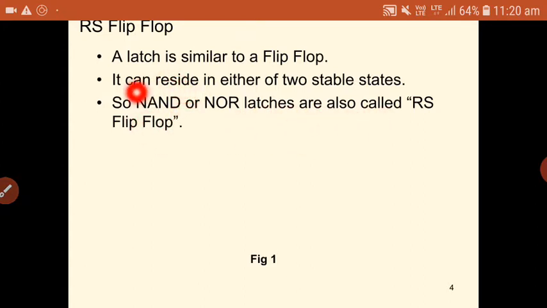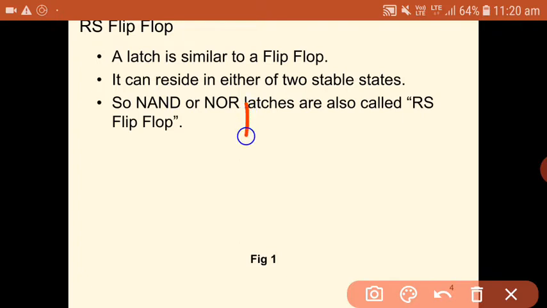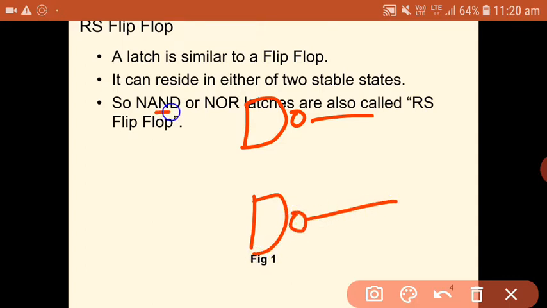Whatever we discussed in the previous lecture, that is the NAND latch or NOR latch. NAND latch is constructed with the help of two cross-coupled NAND gates like this.